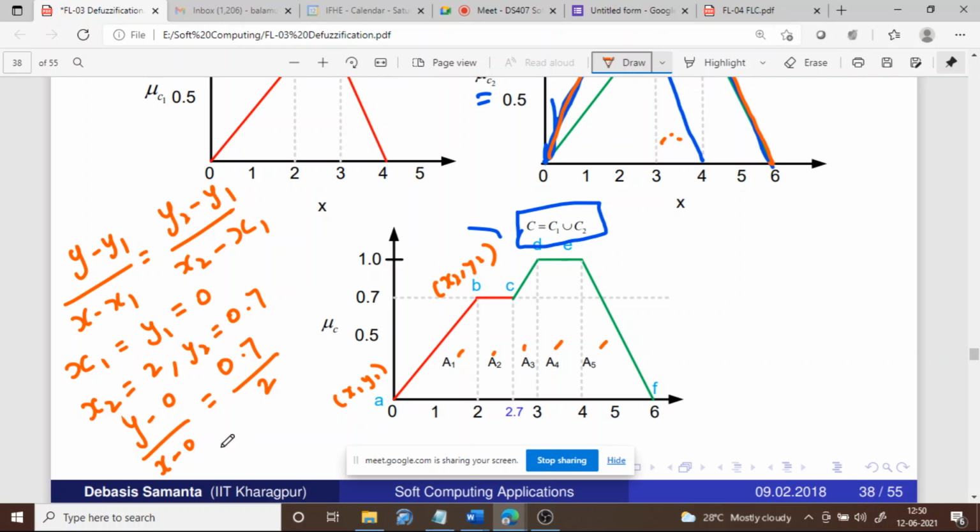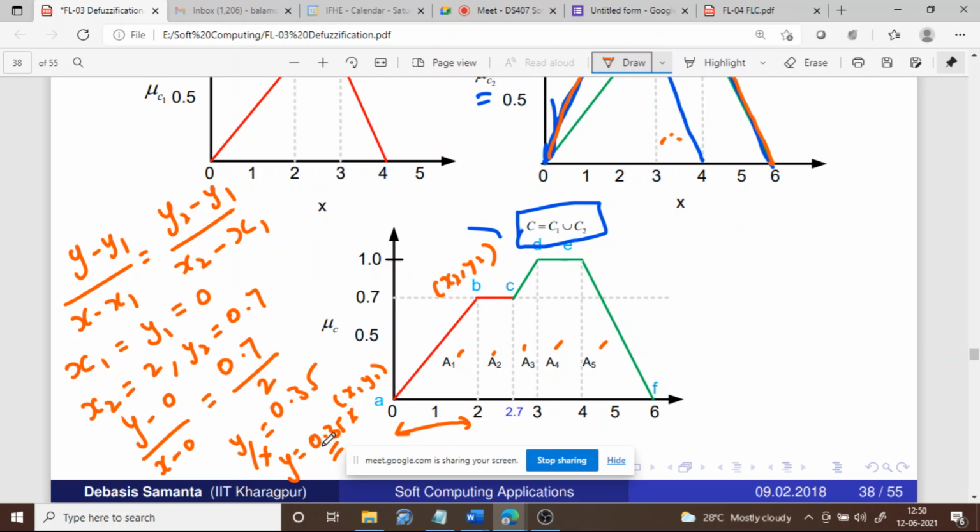That is, y by x is equal to 0.7 by 2, which is 0.35. So y is equal to 0.35 into x. For any value of x between 0 to 2, the y value will be nothing but 0.35 into x.